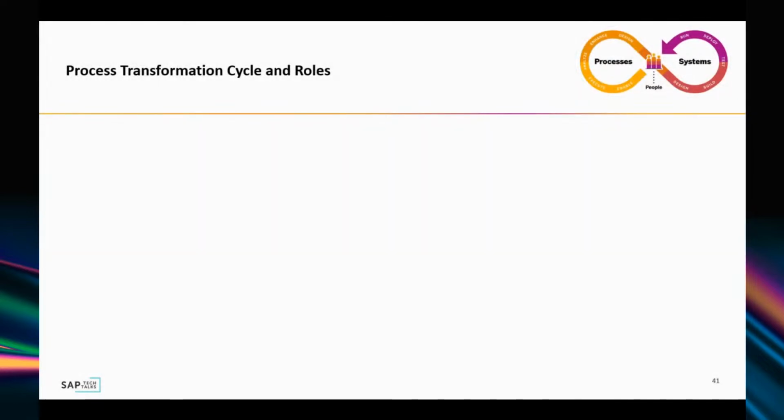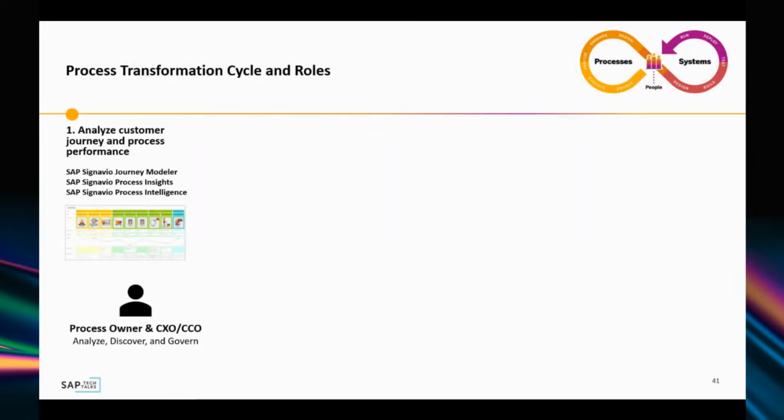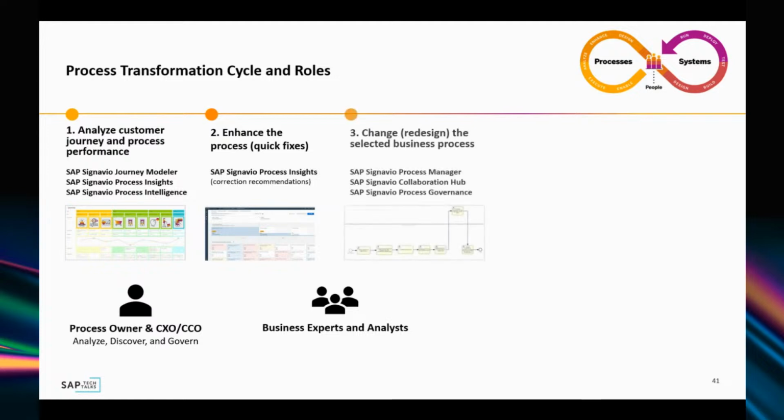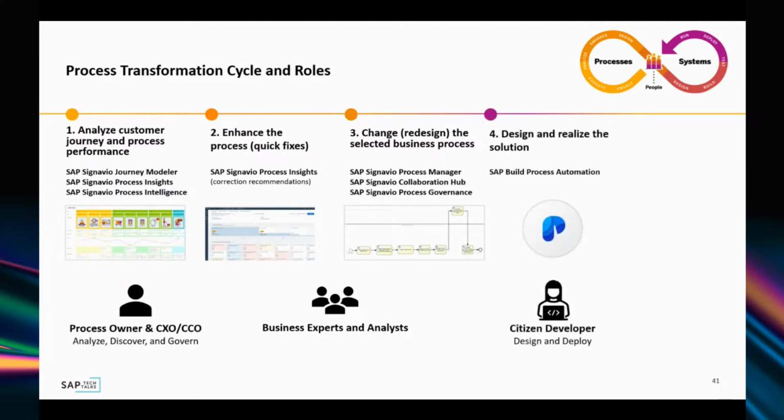And again, I want to summarize with you the steps of a process transformation cycle. We can analyze customer journey and process performance because now we know about the outside-in perspective. We can enhance the processes, and then we can change, redesign these processes with SAP Signavio Process Manager, with SAP Signavio Collaboration Hub, and process governance.